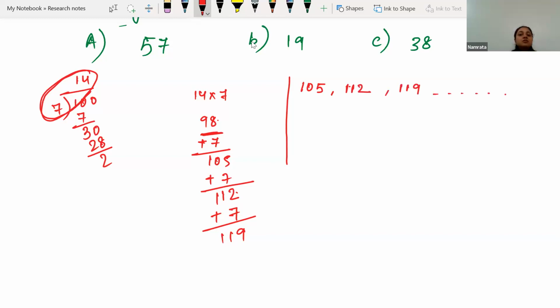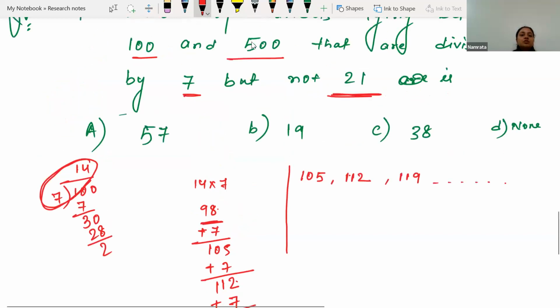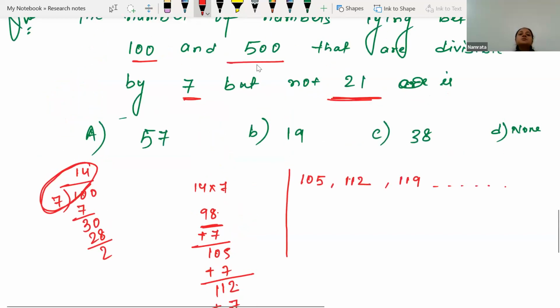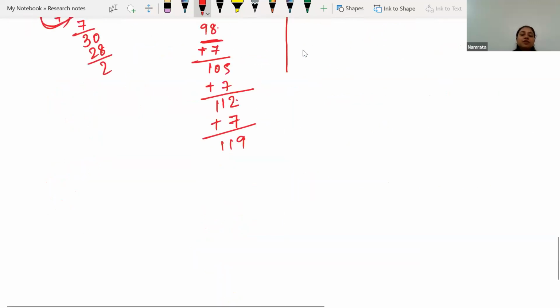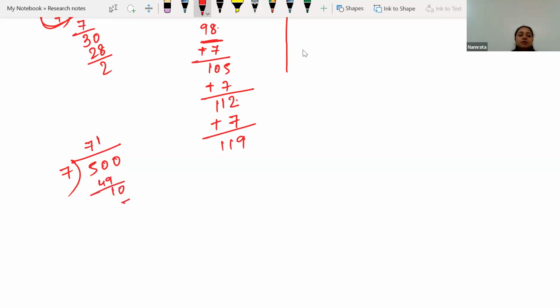What will be the last number? So we need to find the number which is divisible by 7 completely before 500. Let's do it the same way. Divide 500 by 7, and whatever quotient we get, we multiply it with 7 to get the number before 500 which is completely divisible by 7. 7 times 7 is 49, then 1, 7 1 times 7.